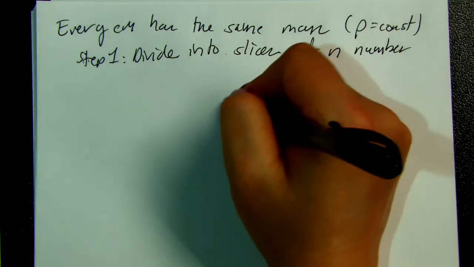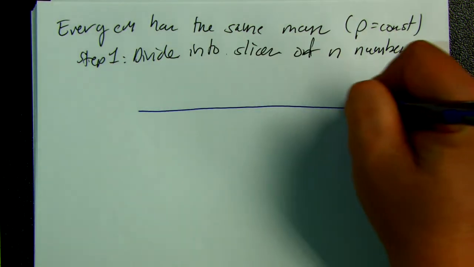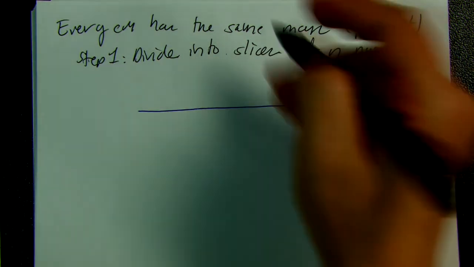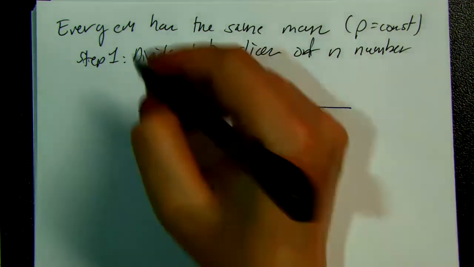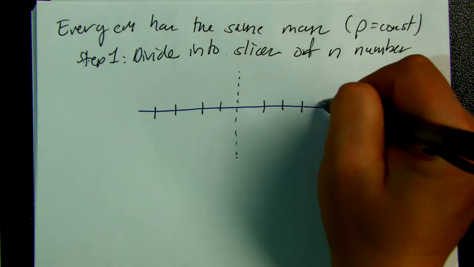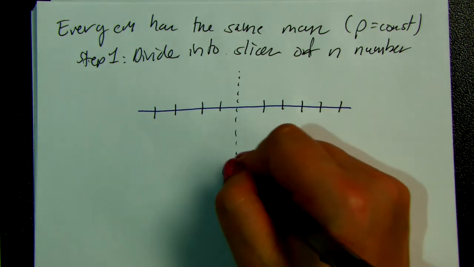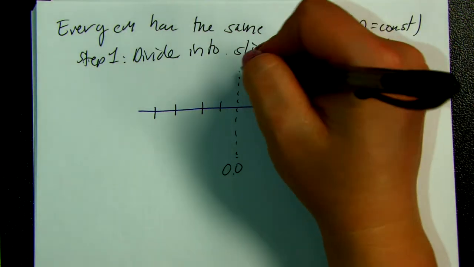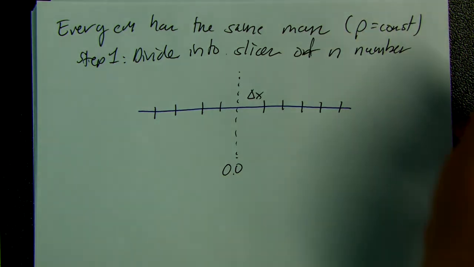So we'll take our rod. Here it is. And then we've got an equal number of slices on each side. We're going to put the origin at the point of rotation. So each one of these is delta x.